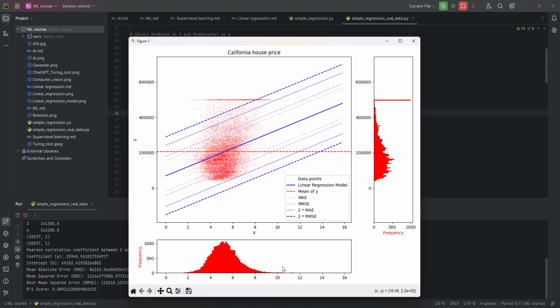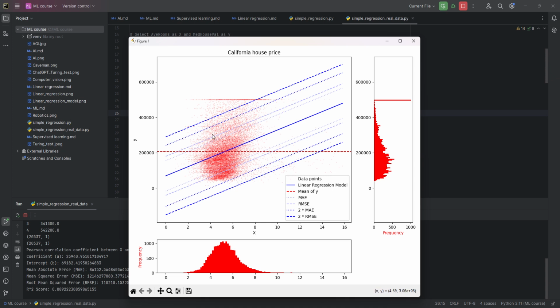So now we have a better look at the distribution of the data. We have our X and we have our Y distribution. The X is more normal, around 5 rooms, with almost a nice normal distribution around 5, and the Y is a bit skewed upward, but otherwise it also looks like a normal distribution.